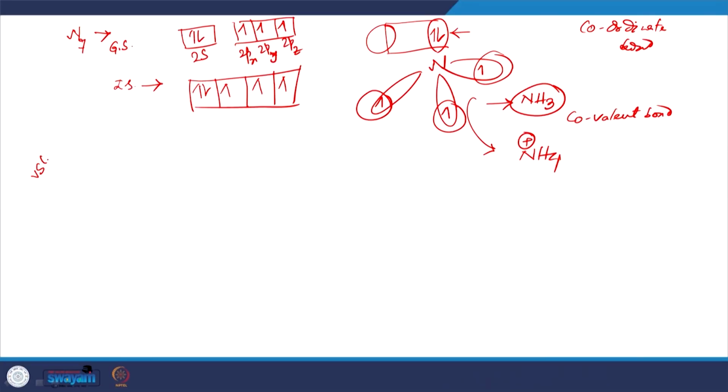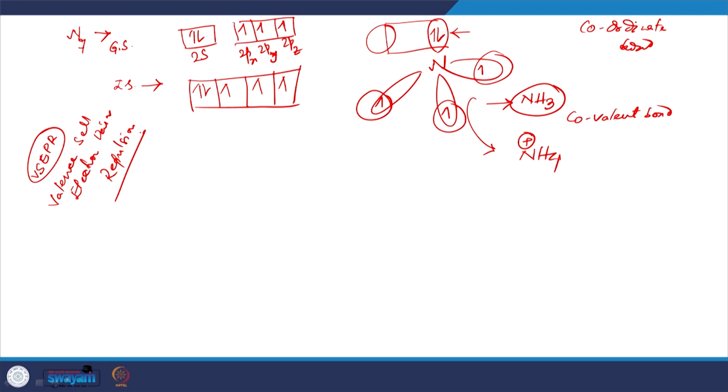Okay. Is there anything extra? Yes. The lone pair actually repels the bonds, which is explained by the VSEPR theory, the valence shell electron pair repulsion theory.